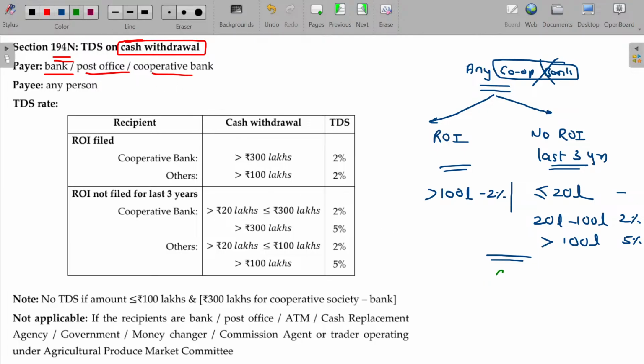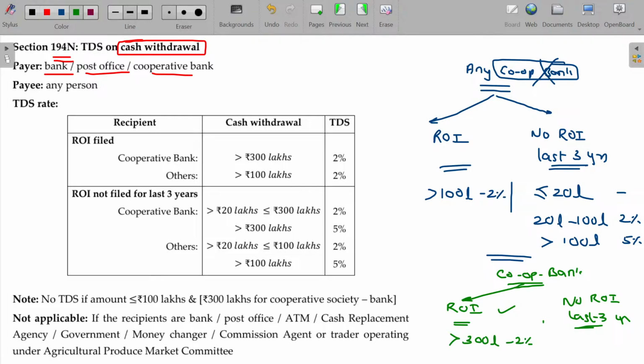Now, what happens in case of cooperative society, sir? Cooperative bank. The same. In case of cooperative bank, have they filed RY or no RY for the last three previous years? Then this 100 lakhs is increased to 300 lakhs, 3 times.